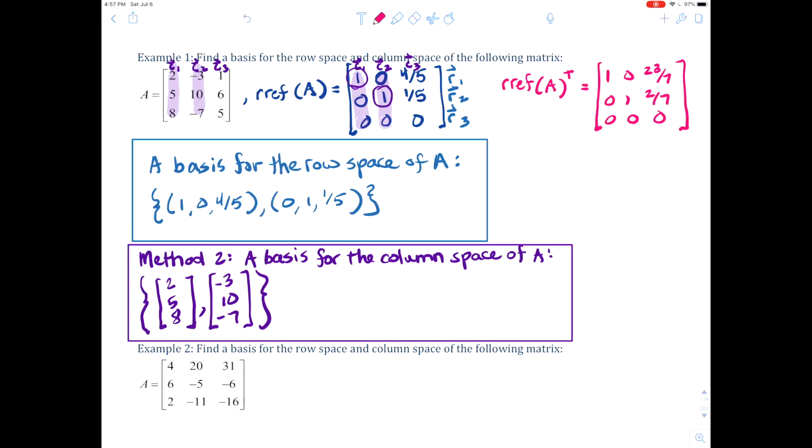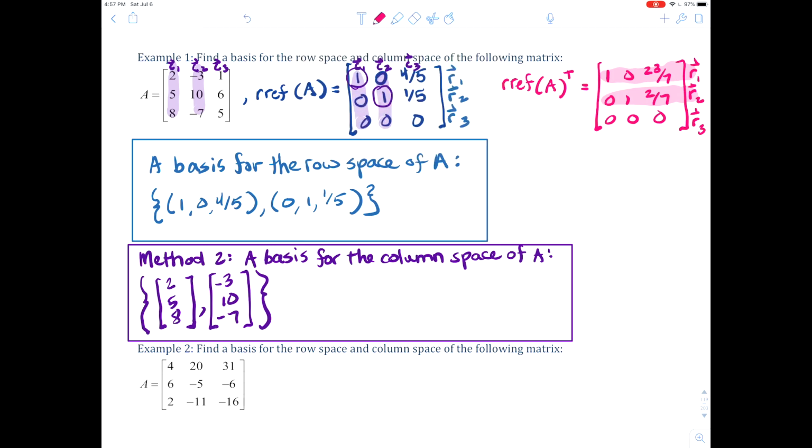So what we need to do is take the rows of the reduced form that do not zero out, and then transpose them. So we'll use this row and this row, but we've got to write them as column matrices.